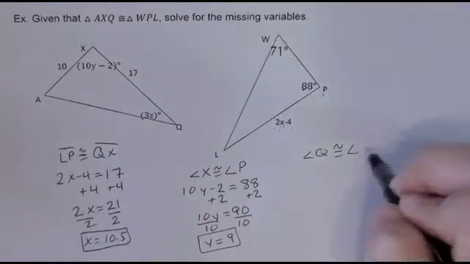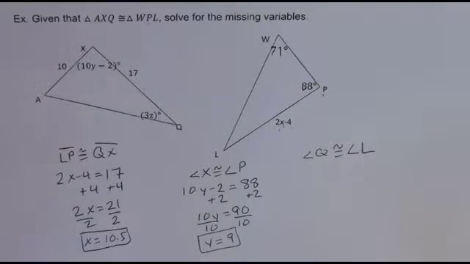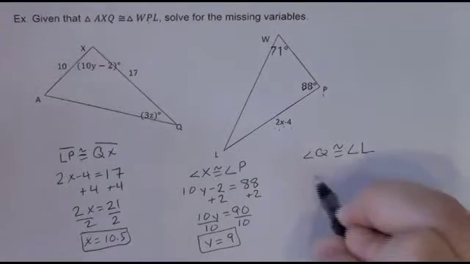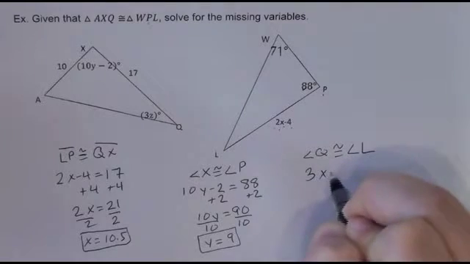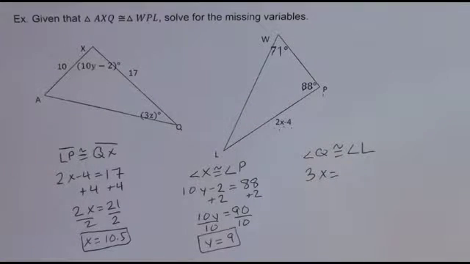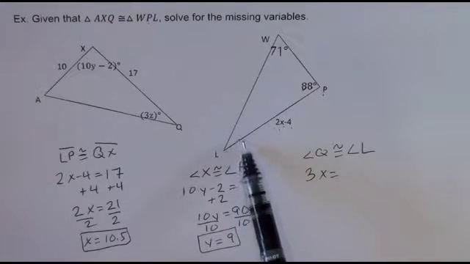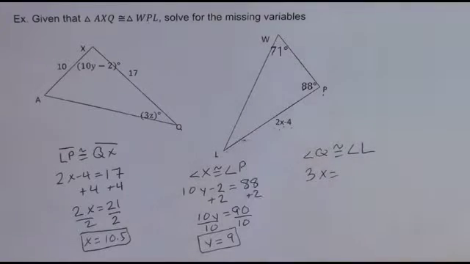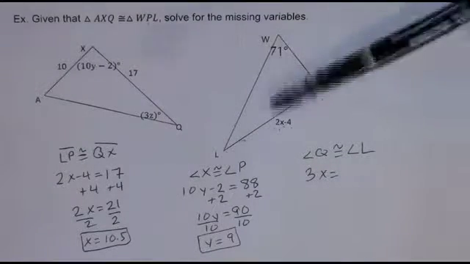So angle Q is congruent to angle L. So what we do is we set angle Q equal to angle L. And this causes a little bit of a problem because angle L is missing. Okay, well, that's not the end of the world here.